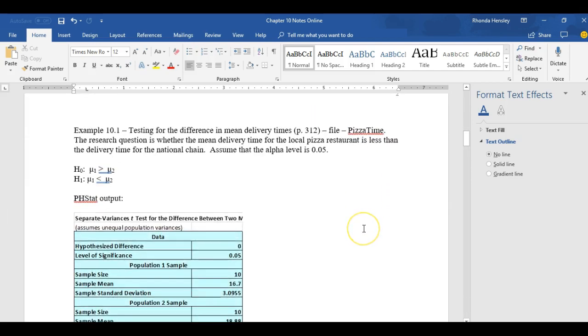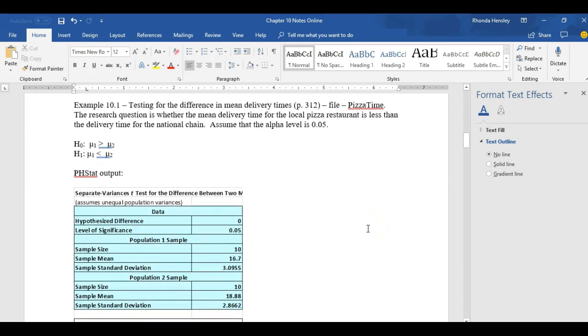Our first example, example 10.1, which is on page 312 in your book. In 10.1, we have a research question as to whether the average delivery time from the local pizza restaurant is less than the delivery time for the national chain.